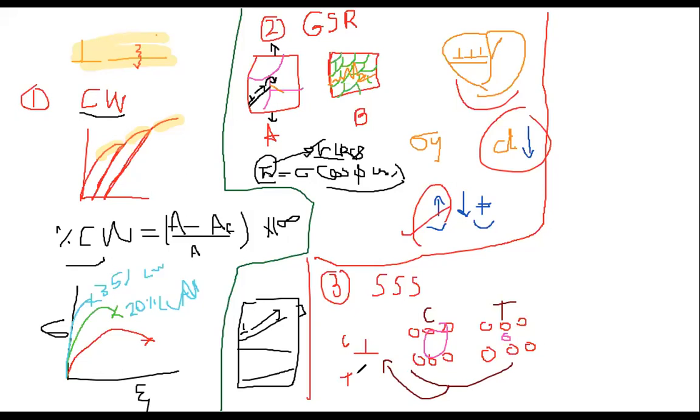Do you think if you minimize the energy, the material becomes stronger or weaker? Stronger, because if you minimize the energy of the system, the material becomes more stable, right? And it will be difficult to take the material from the stable state, right?